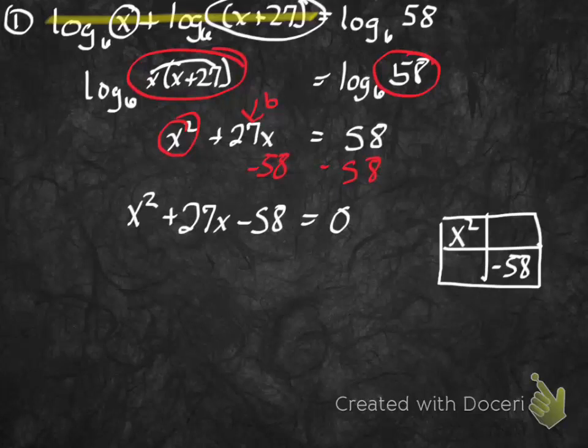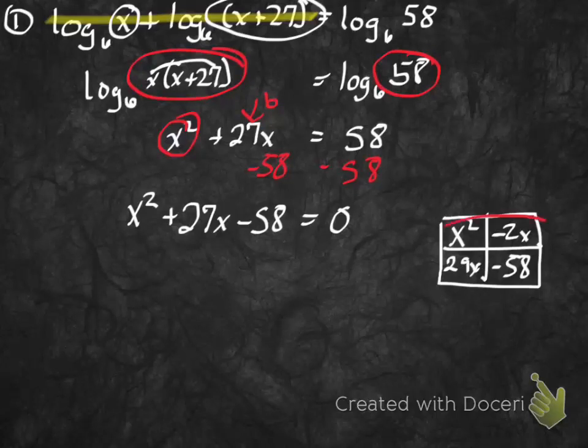Well, half of 58 is going to be close to 27, so I will try half first. So 29 and 2. And we need to have one of them negative. Is the 29 or the 2 going to be negative? And David, you said it right. The 2 is going to be the negative one.